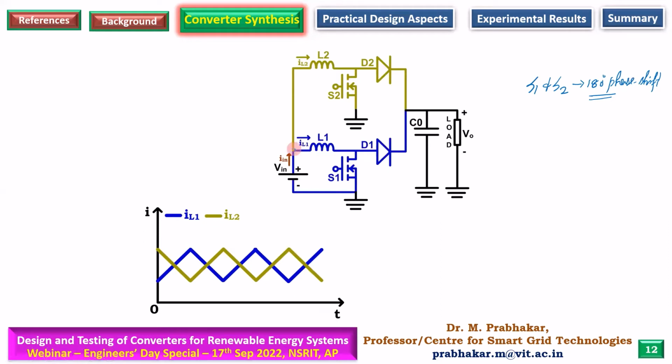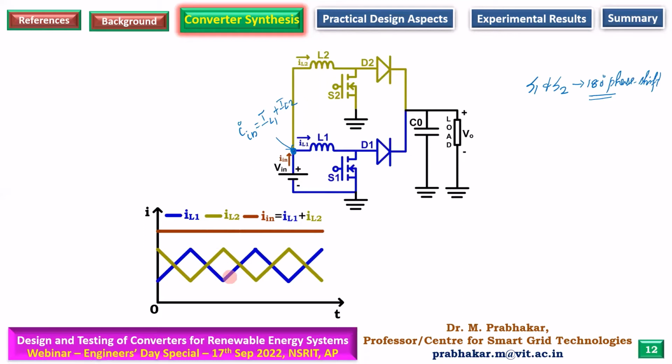Now, by simple Kirchhoff's current law at this node, we can observe that the input current IN is going to be the sum of the inductor currents, IL1 plus IL2. So if I add these two currents, blue is IL1 and the brown one is IL2, I will get a smooth current profile because the ripples are phase shifted and get cancelled out. This is the concept of interleaving.